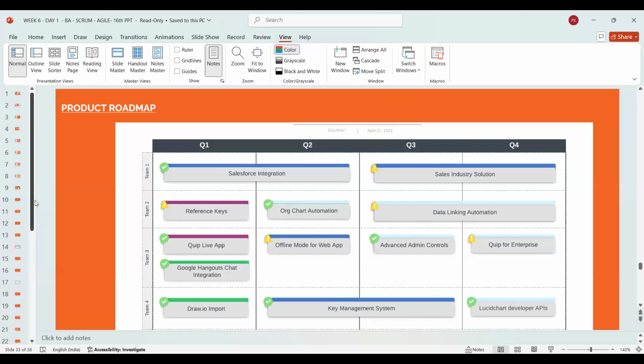Prerna, I'm facing some difficulty. Otherwise, you can stop your screen share and allow me to screen share then. Okay, that works. I'm just stopping my screen share. Yeah, sure, thank you.